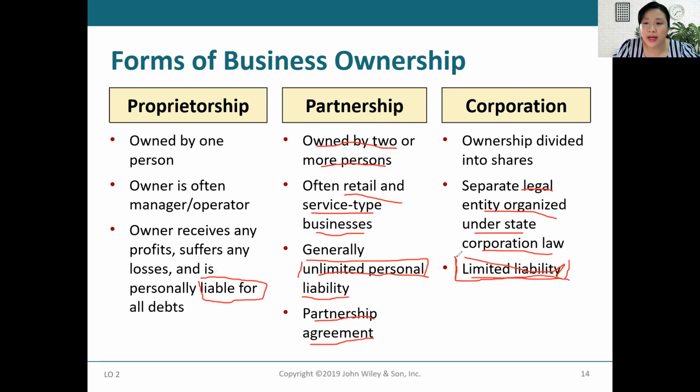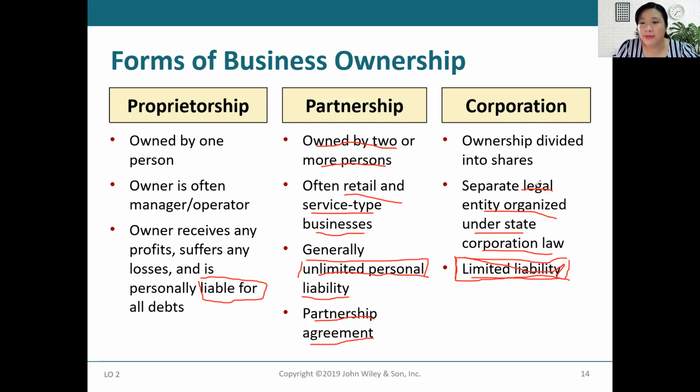So what does it mean by limited liability? It means if the stockholder invests $400 into this corporation, and the corporation goes bankrupt, the stockholder will be responsible to pay back the debt of the corporation up to $400 only.